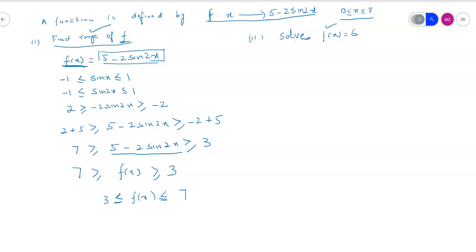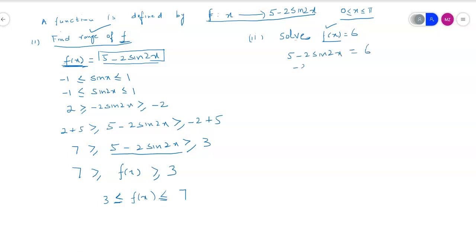So now we need to solve f of x equal to 6. f of x is given in the question, and that is 5 minus 2 sine of 2x. So 5 minus 2 sine of 2x is equal to 6.